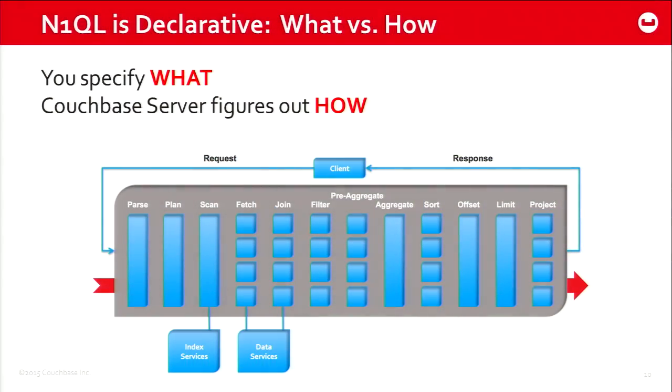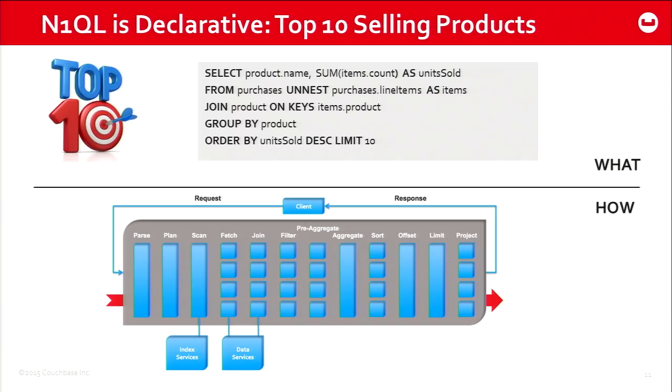This is a high-level architectural diagram of a query engine. Basically, we take a SQL statement, we break it down into algebraic operators, and then we process the data through them. In many cases, we parallelize the processing. Let me use the top 10 example to illustrate how powerful that declarative language is.